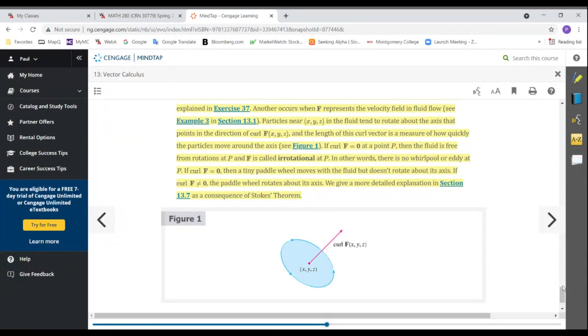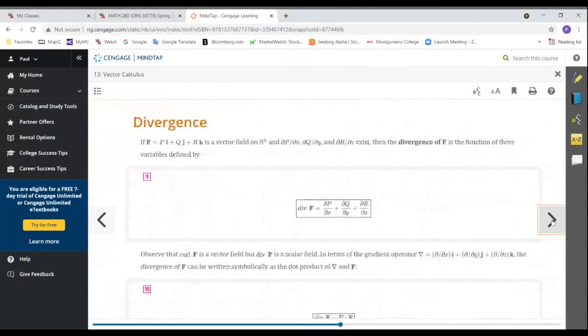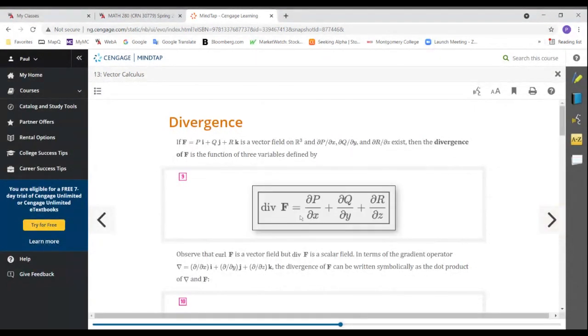This section deals with what's called curl and divergence. We haven't learned about divergence yet. Again, you have a vector field F with i, j, and k components, P times i plus Q times j plus R times k. The divergence of the function is equal to the sum of these three partial derivatives. How does the P component vary in the x direction?